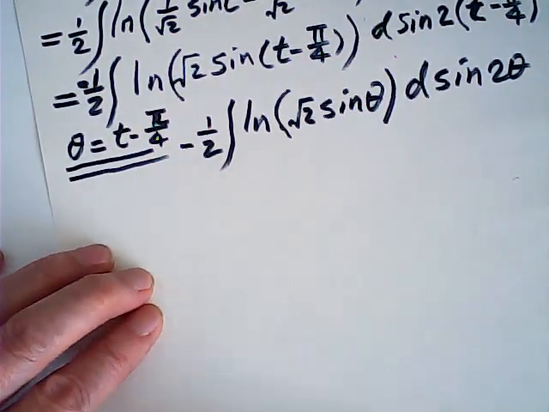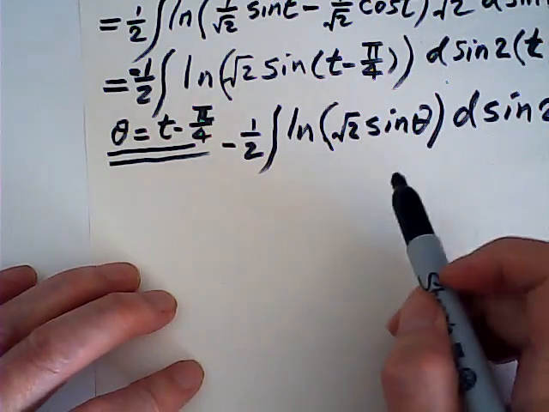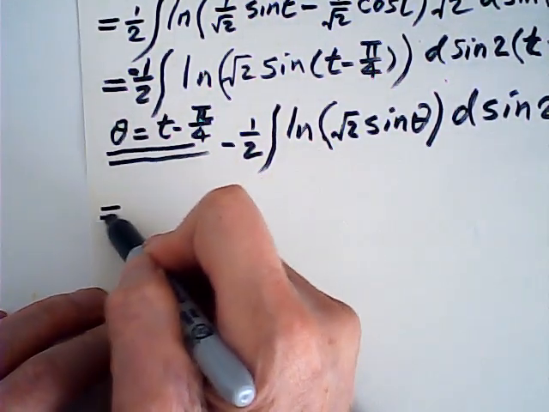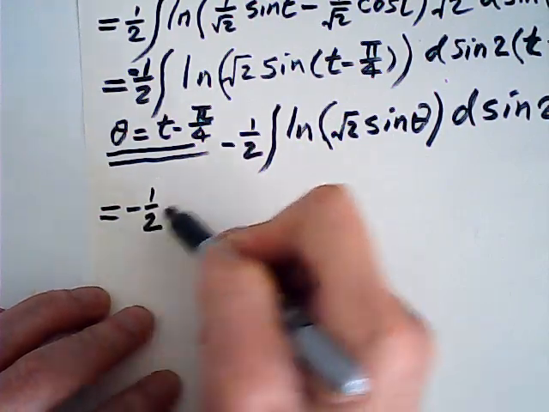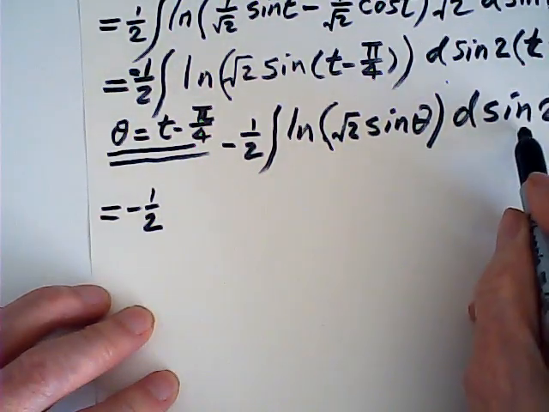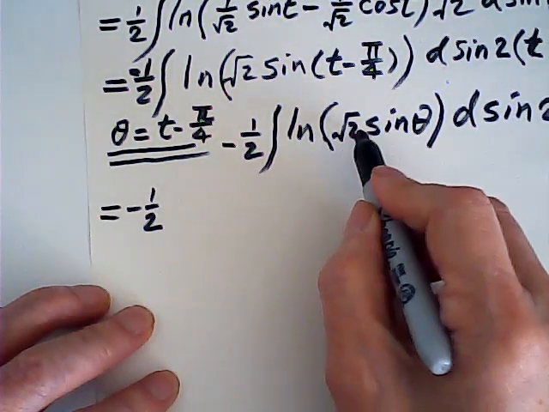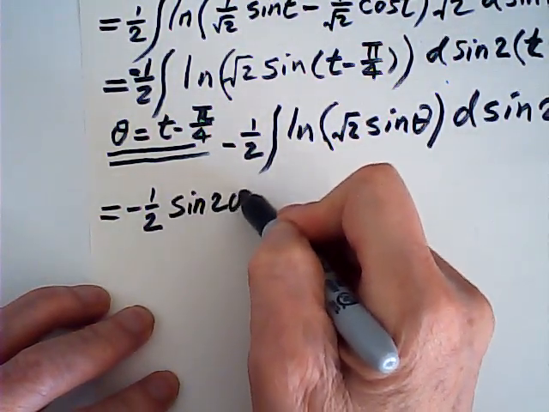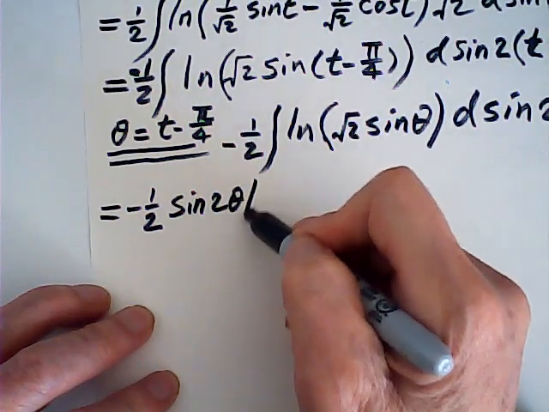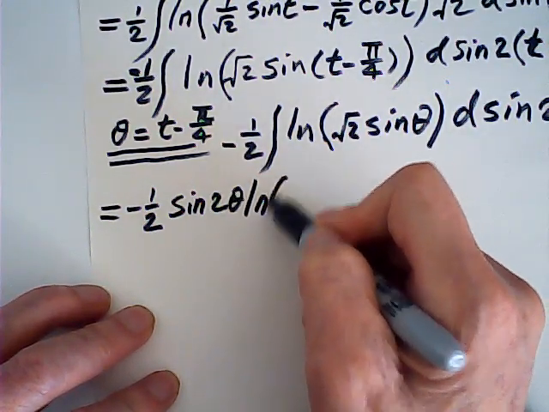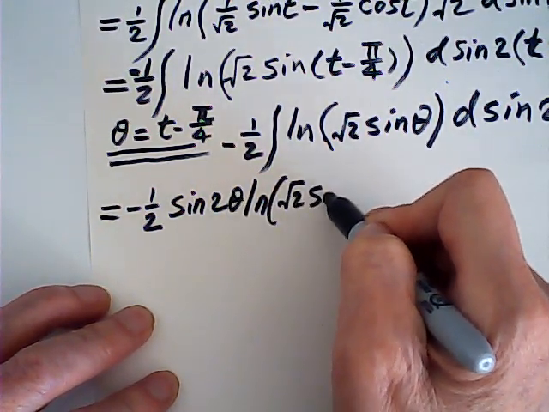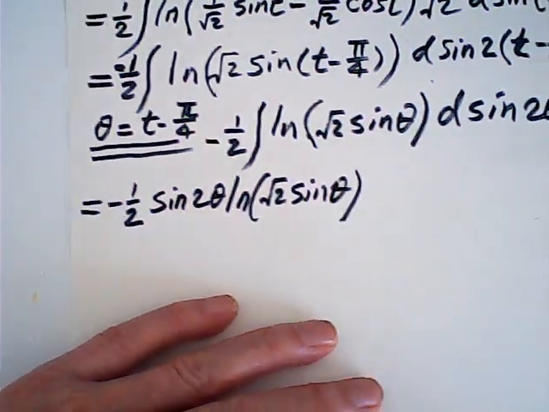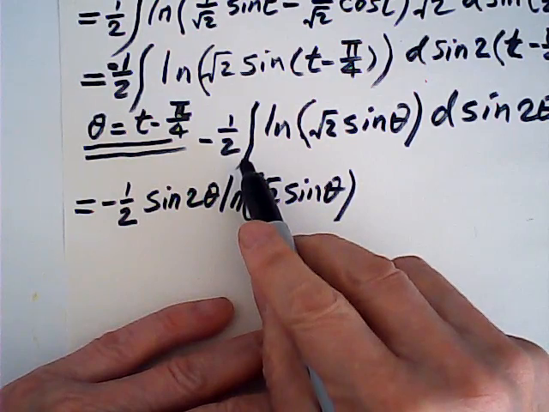Now here I'm going to continue using integration by parts. This is u, this is dv. So this becomes half uv, u times this, right? uv. So this is v, this is u, root 2 sine theta, minus v du.